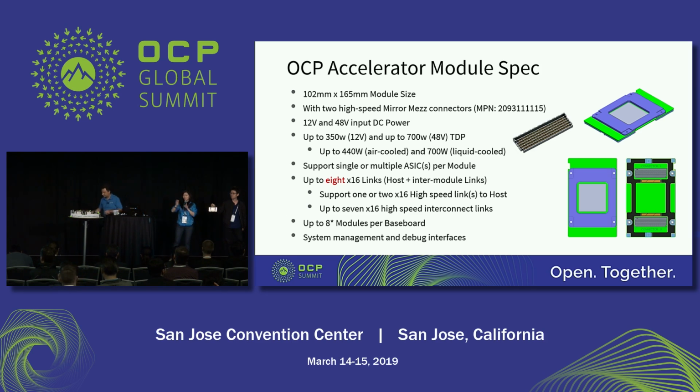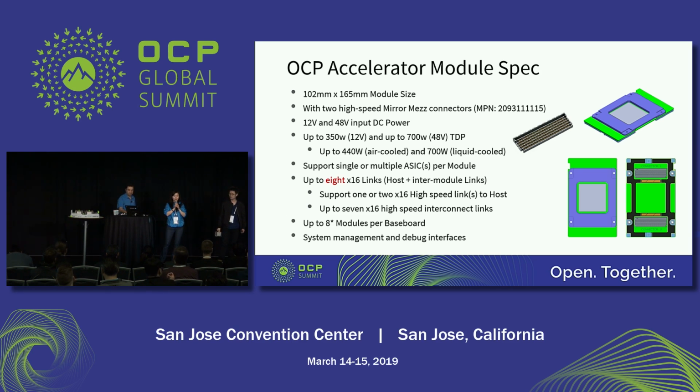You may see that. This is our baseboard design. Then we have 8 of them in the system, and we connect them in a fully connected way. Depending on which OAM or module we are using, that may become a different topology.